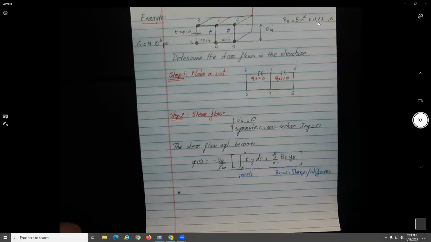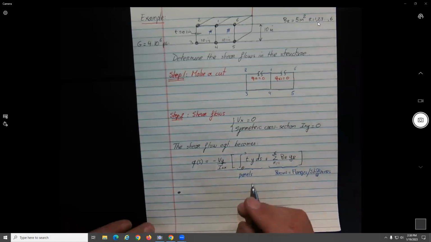Okay, so one assumption you can make, which simplifies the equations, is that the skin or the panels are not going to resist any of the load. All the loads will be resisted mostly by the spars and the ribs.